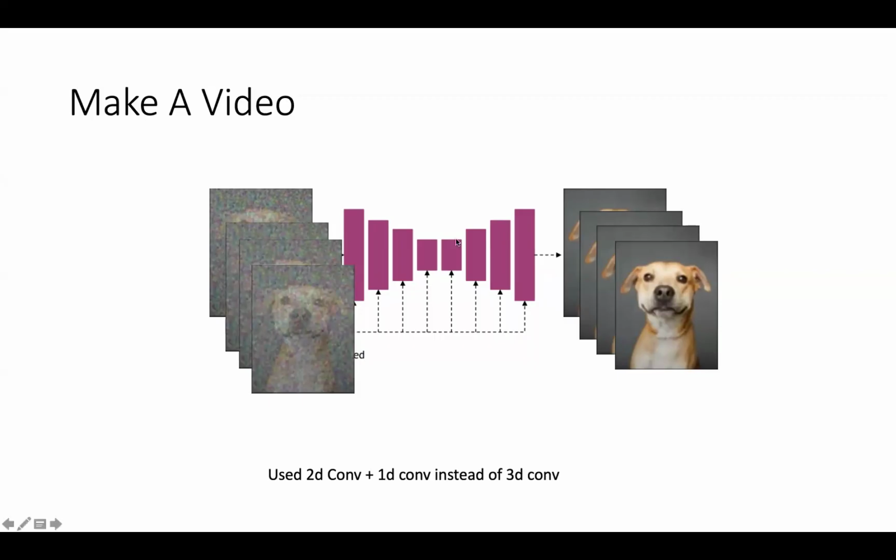But the problem is we are not going to get consistency over time, because the outputs we get might not be consistent. There can be a dog sitting in one frame and a dog standing in another, right?